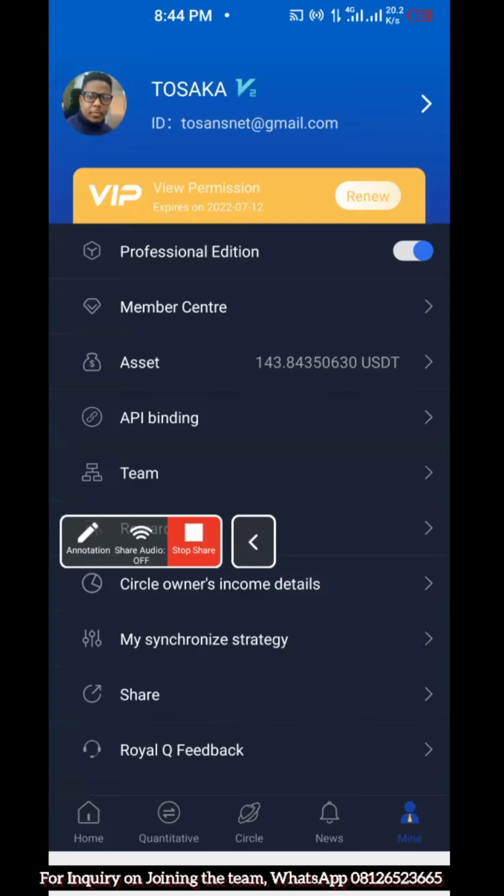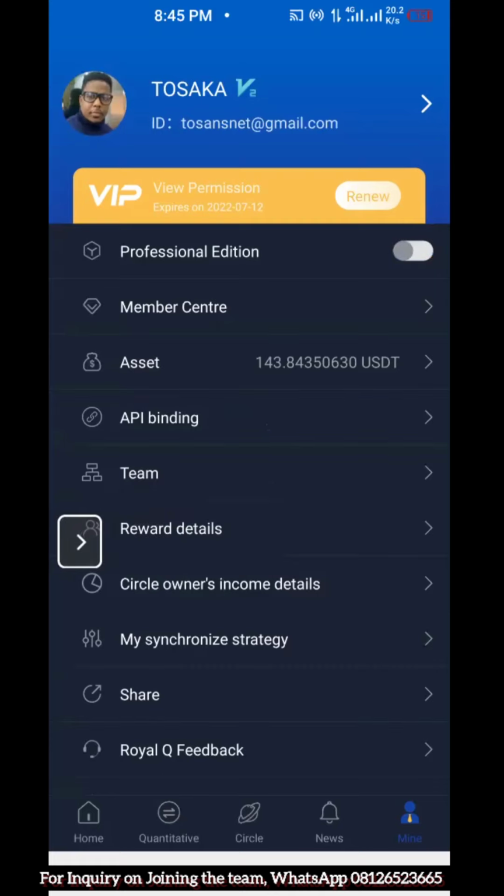So what I would do is go for a coin that is only available on the regular edition for now. Later on, you can put on your pro edition and always ask for guidance if you want to trade any coin in pro edition. But most of the coins on Royal Q are actually at least 70% safe. Those in regular edition are 95 to almost 100% safe, but I don't believe anything is 100%.